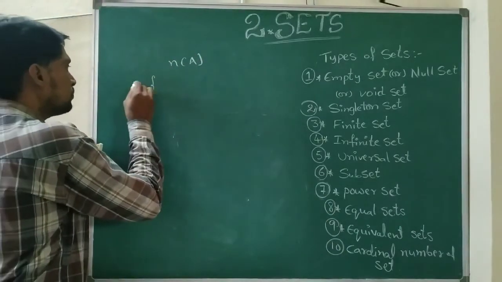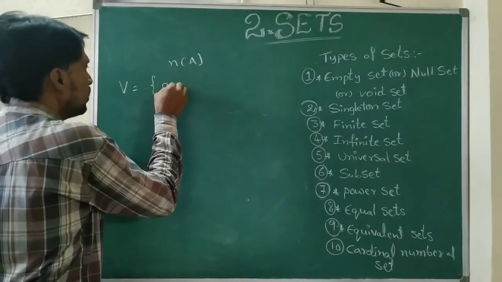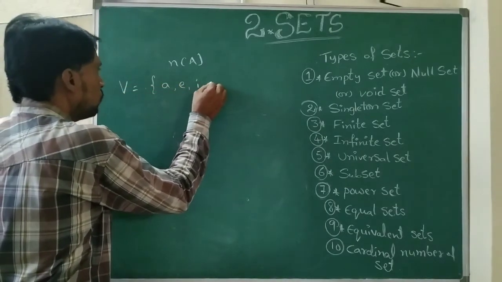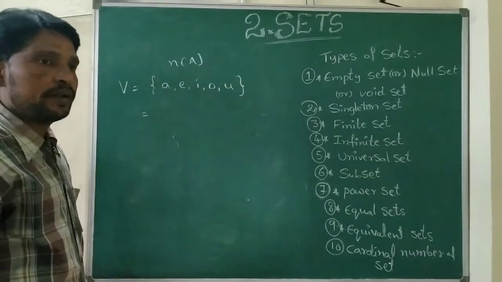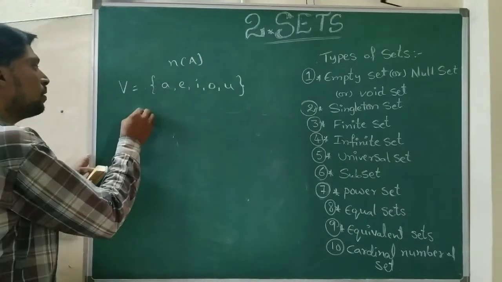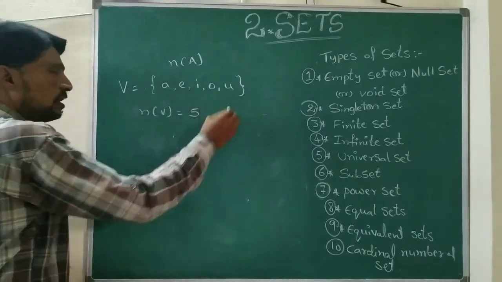Example: V equals A, E, I, O, U. How many elements are there? n of V equals 5, only 5 elements.